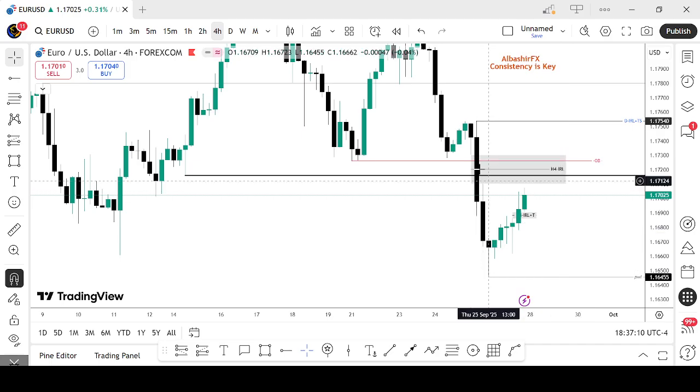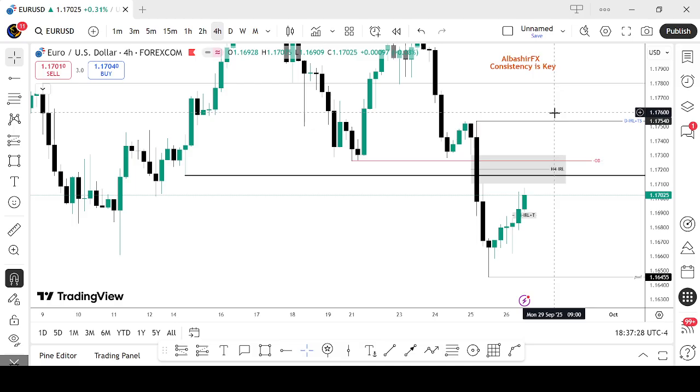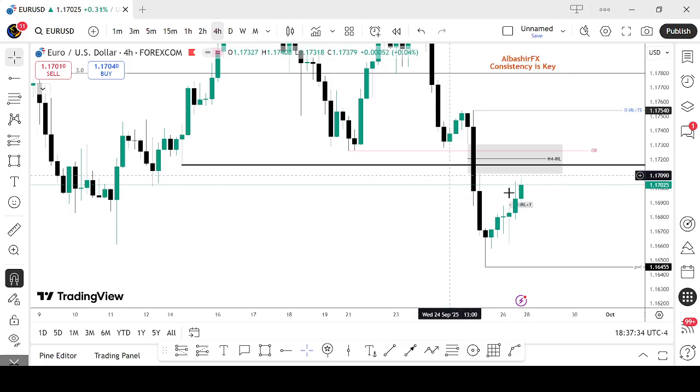And we have this area on euro, a fair value gap that has not been filled, so price should possibly fill it, take us to the discount 4 hourly range, then take us to higher time frame premium that is going to take us to higher time frame discount, just like I explained.